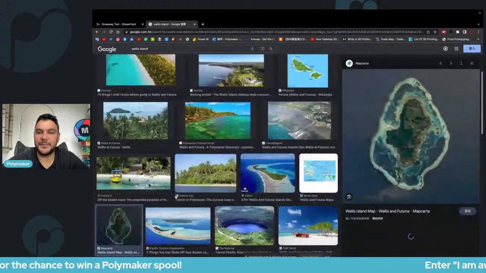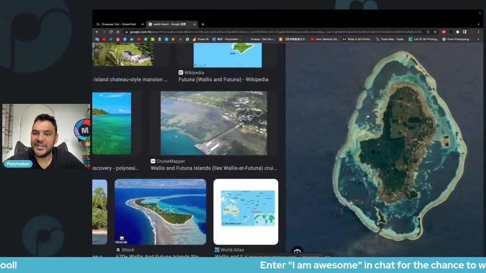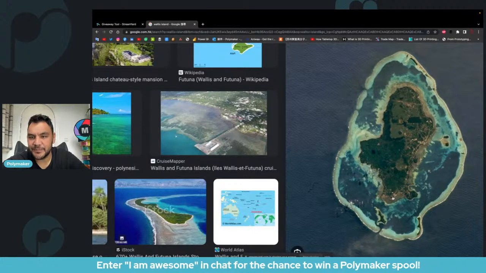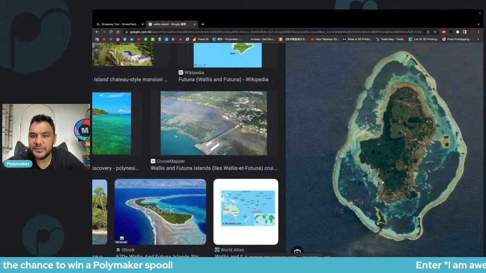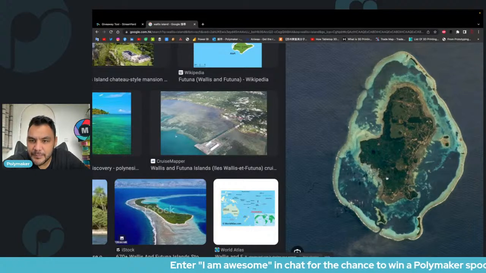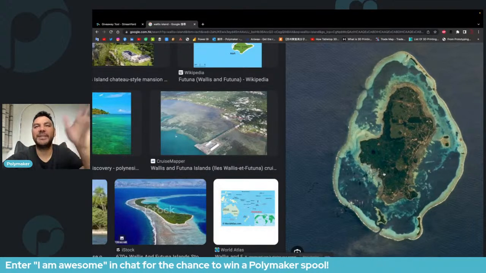This is a satellite view of the island. Of course, it's tiny, right? I live here. My grandma used to live here, but now I live here with the beach. All of this is mine, meaning my family's, right?